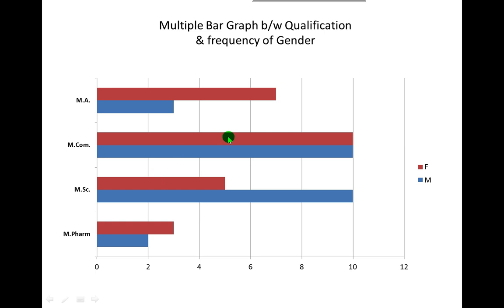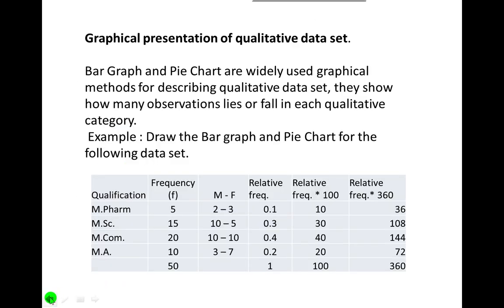Now from this you can observe, we plot the frequency on the y-axis, same as the previous graph. The highest value is 10. There are 4 categories. In the first category MPharm, 2 male, 3 female.